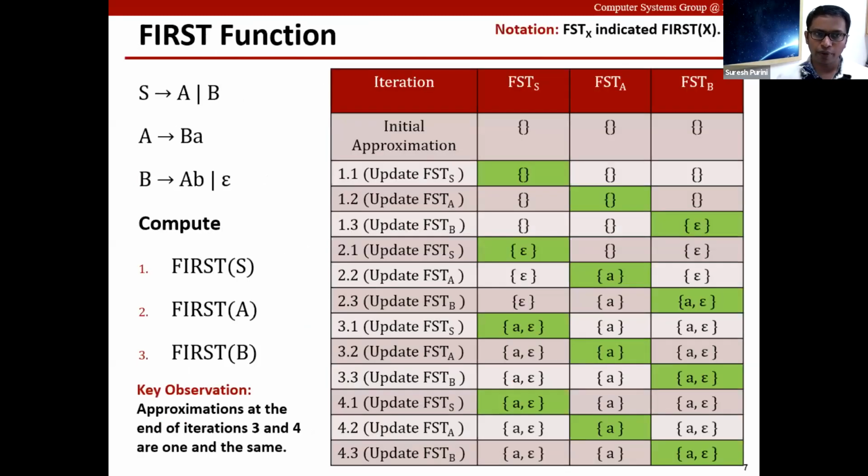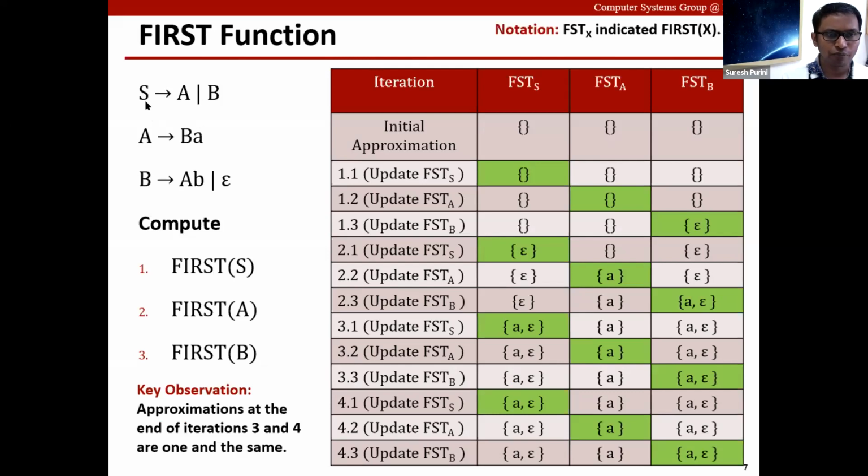Now let's try to apply these rules and see how we can compute the first sets for various non-terminal symbols. So we have the grammar here, as you can see.